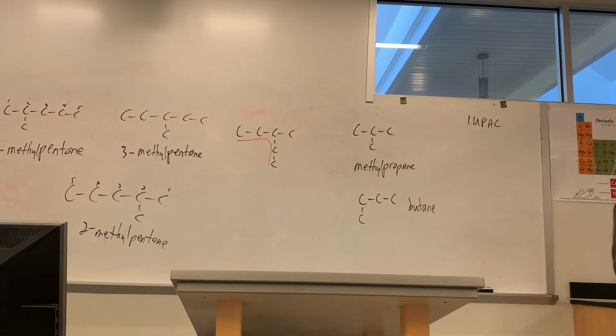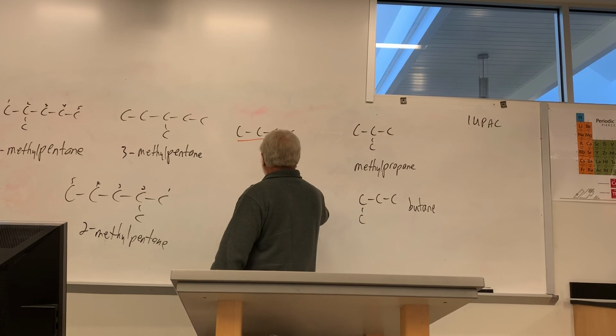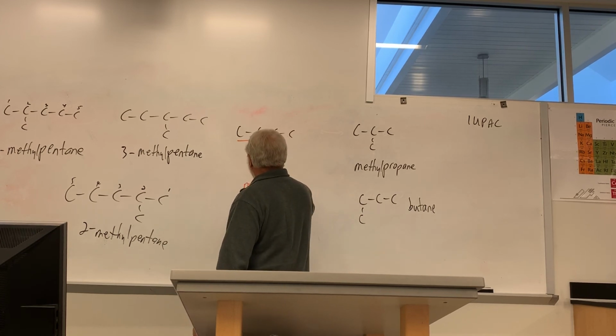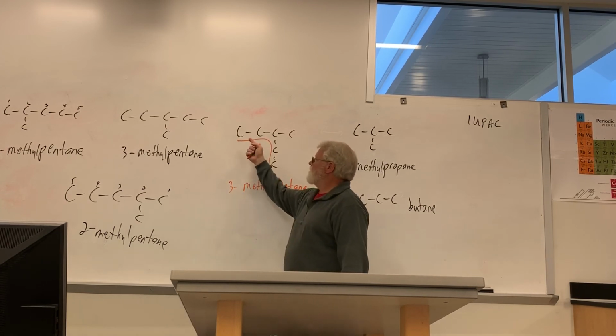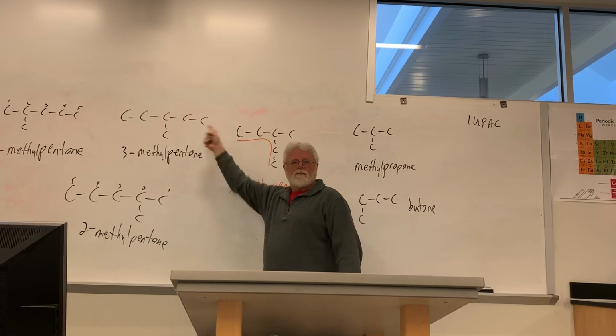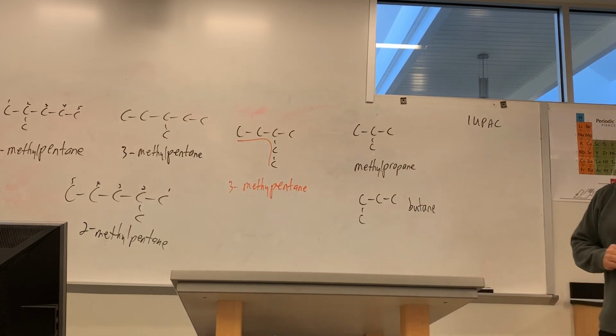There's my longest continuous chain. Just because I didn't draw it horizontally, that is extremely irrelevant. Those 5 carbons are all in a row, so that makes this a pentane. Got a methyl group stuck on it, and it's on carbon 3. In other words, these 2 compounds are the same. I just drew them differently, but they're the exact same compound.